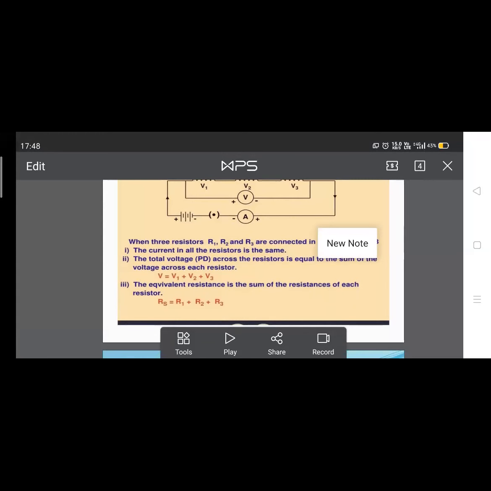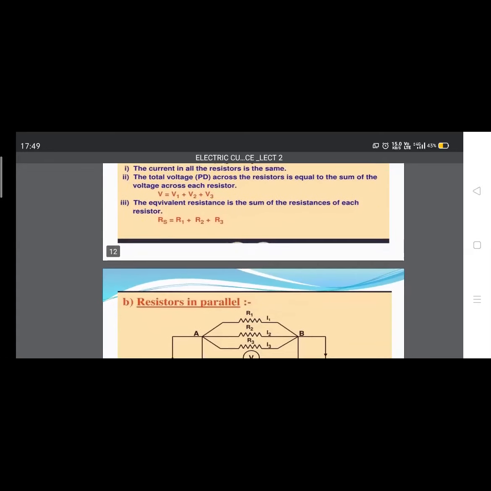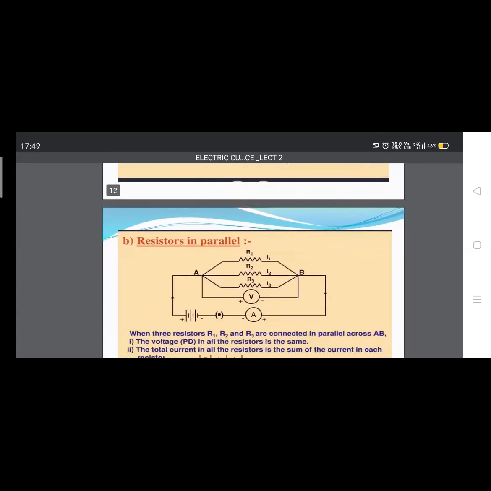So this was about the combination of resistance in series and parallel. When resistances are connected in series, the current through each resistor is the same. And when the resistances are in parallel, the potential difference across each resistance is the same and not the current. Clear? So this is the difference in how to connect resistances in series and parallel combination.